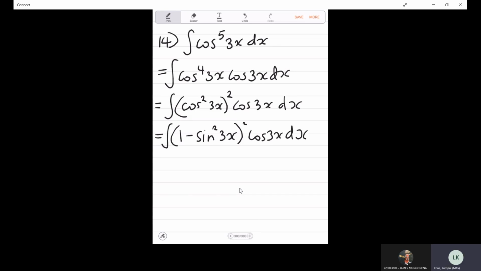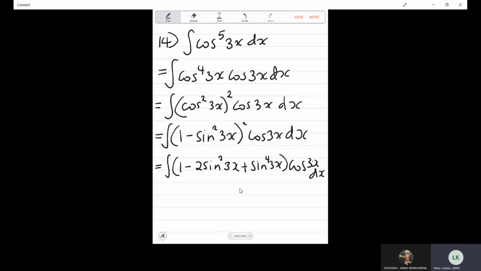And we know how to expand that binomial. Okay. And then we will get the integral. This is 1 minus 2 sine squared 3x plus sine to the power of 4 of 3x. And then we have to multiply by cos 3x. And don't forget dx there.